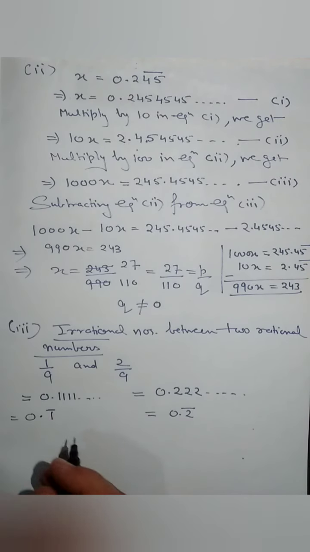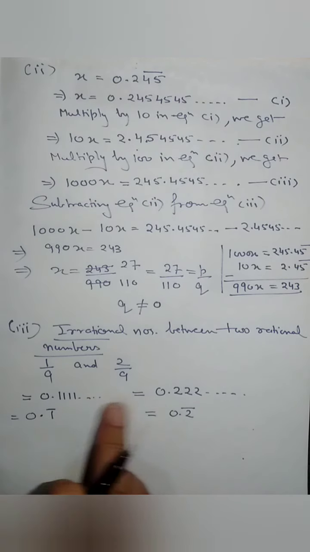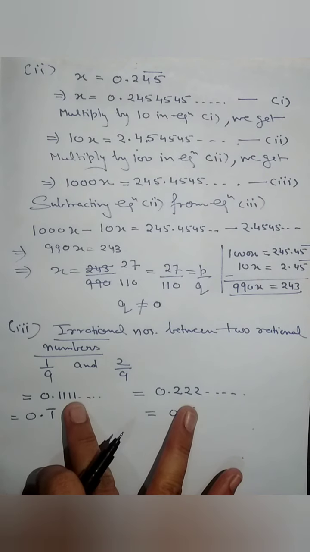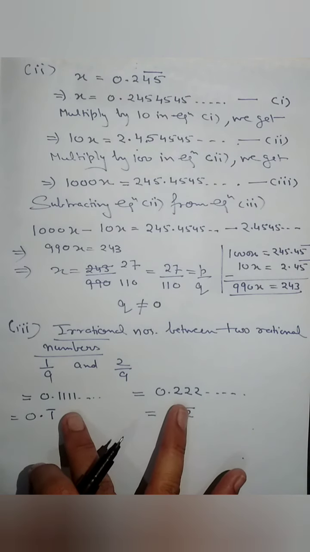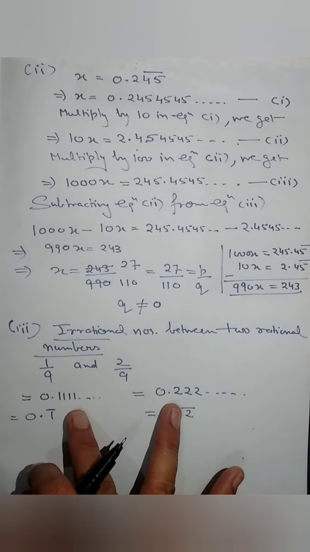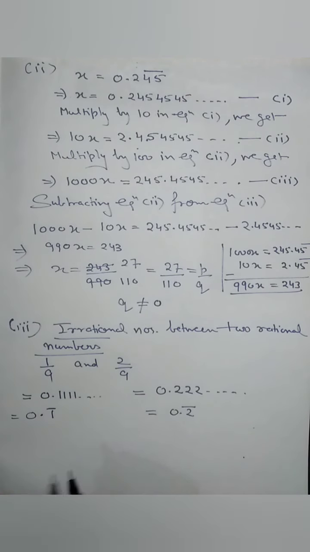So we can write any irrational number which lies between these two rational numbers, but that number should be non-terminating, non-repeating in decimal expansion form.